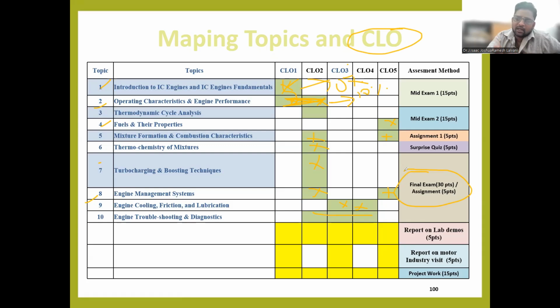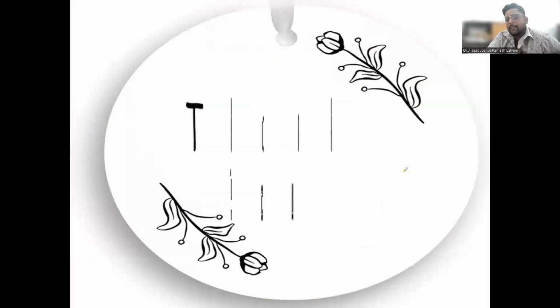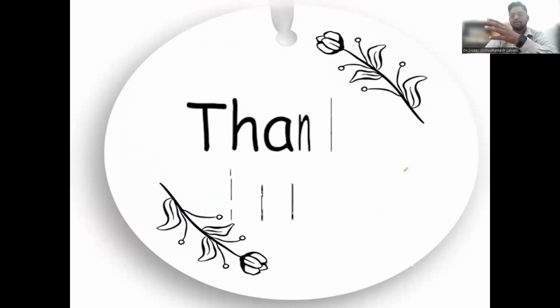When we analyze the students' results, then we can identify which course learning outcome has to be revised, or improved, or a different teaching methodology has to be introduced. So this will be your whole learning teaching manual concept, and how to prepare this learning teaching manual we are just seeing.